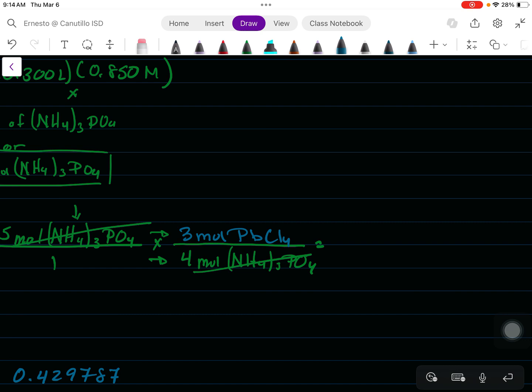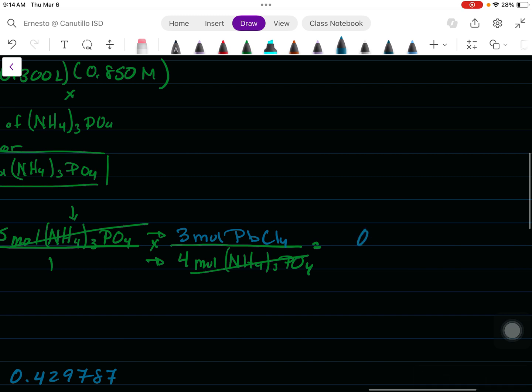Now, remember that because the units canceled, there is no longer a unit on that 0.255. All I'm going to do is multiply that by 3. Now, when I do that, I end up with 0.765. This unit is still here, so I'm going to carry over that unit, moles of lead 4 chloride. Okay? This number down here no longer has a unit, right?